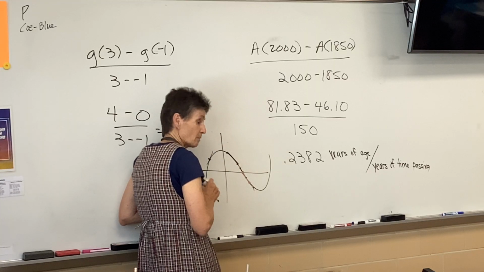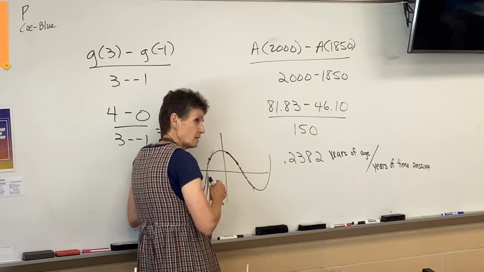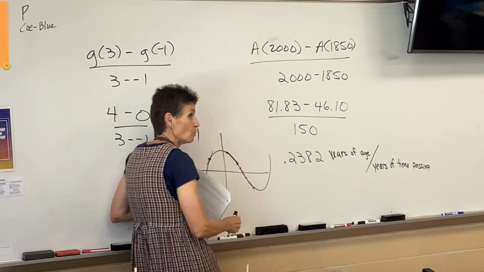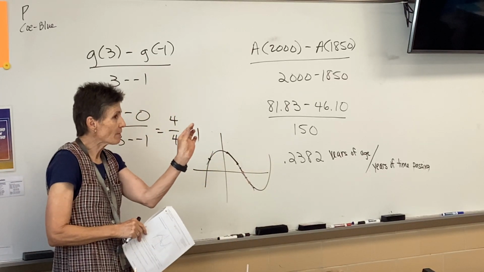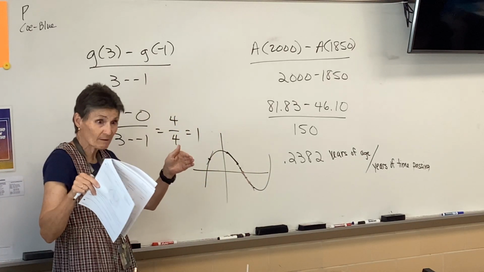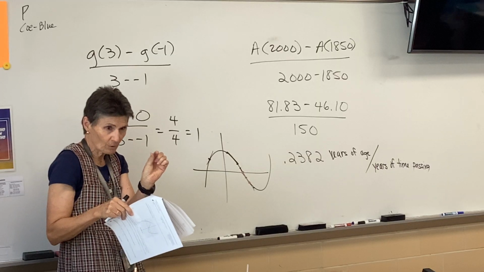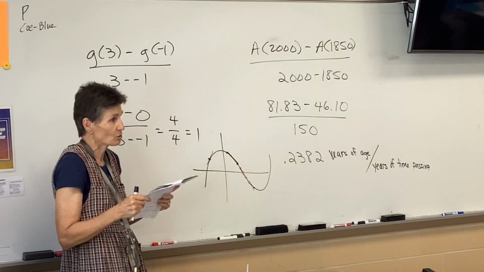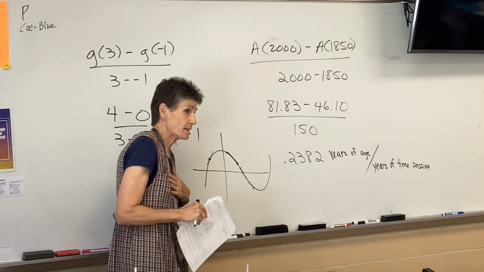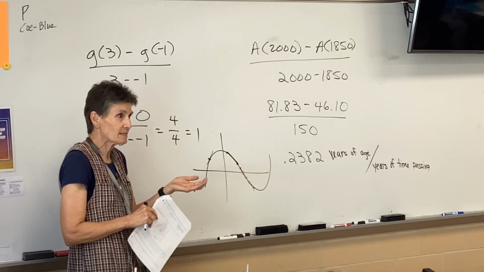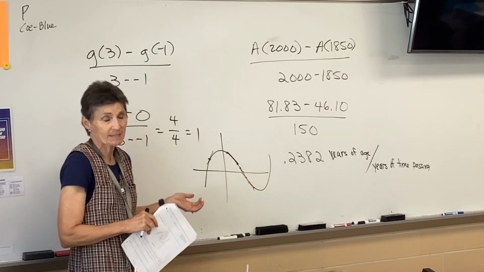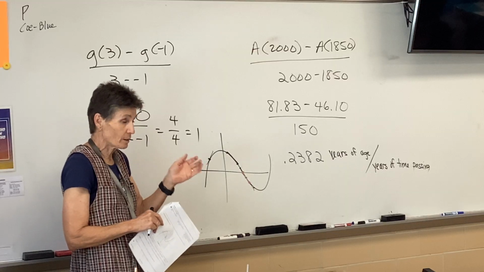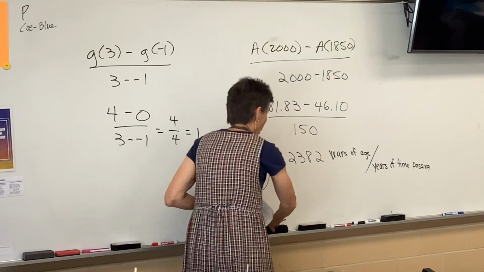Which one do you think is better, the original black one or the brown one? The brown one. So in other words, I can squeeze in on that point, take a point on either side of it, make it a real small interval though, and approximate my instantaneous rate of change. I can also use calculus to very easily find the instantaneous rate of change, but that's not part of our gig, so we are going to do it the long way.